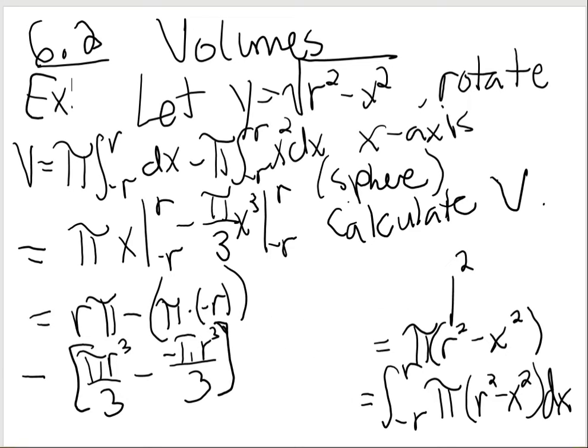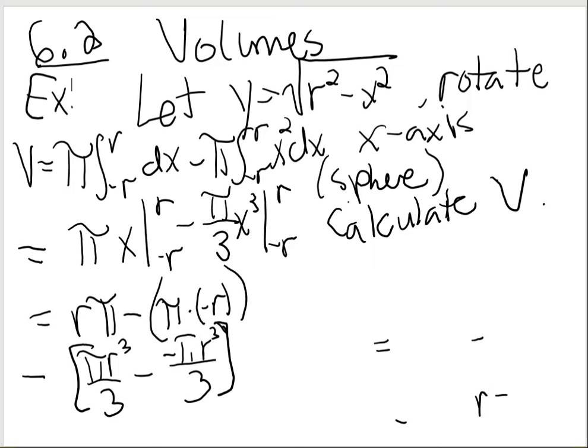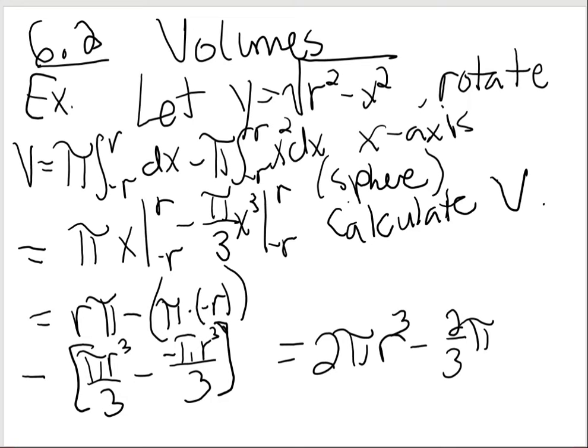And from here, we're just simplifying this thing. So this is going to be 2 pi r, minus, in that parentheses, we'll get 2/3 r cubed.